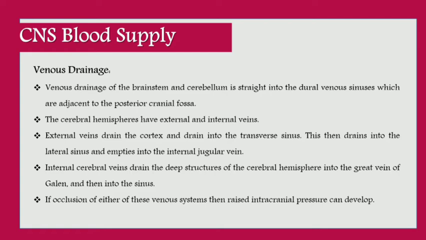This then drains into lateral sinus and empties into internal jugular vein. Internal cerebral veins drain the deep structures of cerebral hemisphere into great vein of Galen and then into sinus. If occlusion of either of these venous systems, then there will be an increased intracranial pressure.